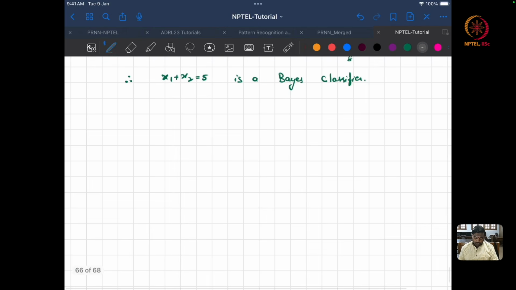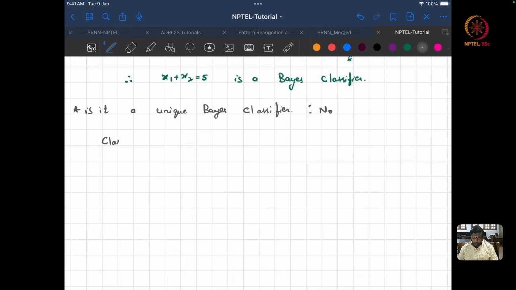Now the next point: is it a unique Bayes classifier? That means, do you have any other Bayes classifier with the same risk? The answer is no.